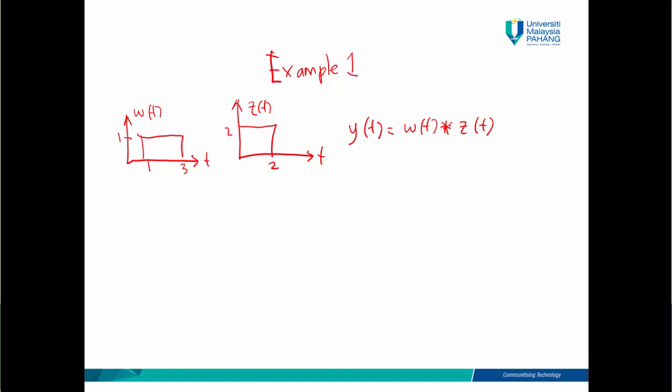Still remember on the previous slide, to perform integration we need to change the infinity or the t to a variable tau.